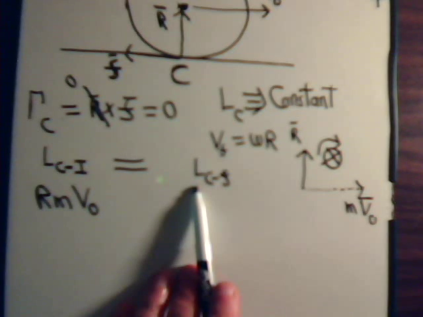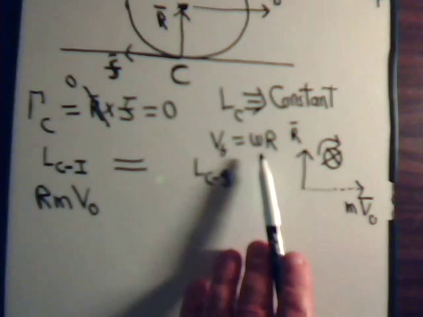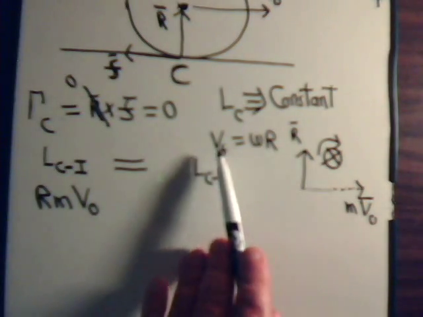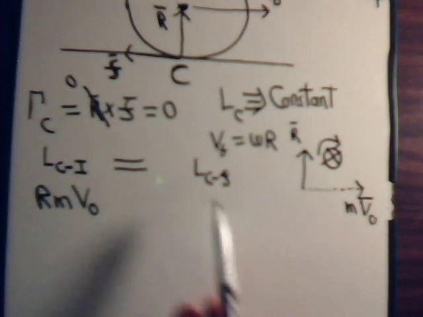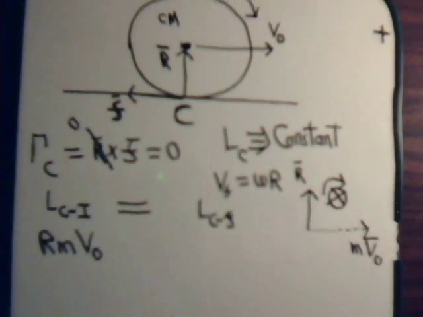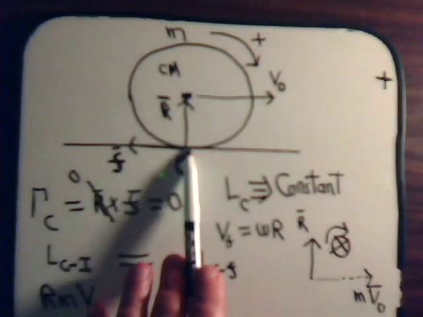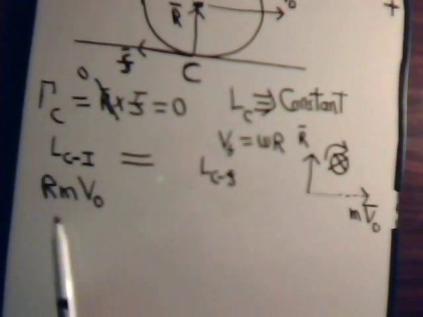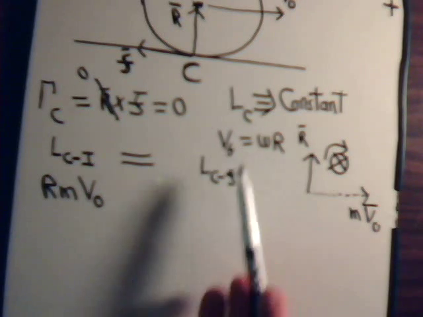Final being that time when the linear velocity equals omega r, the condition for pure roll. What would this be? Well, it has two components. The first component is the angular momentum of the center of mass about point C. That's going to be just this, except we're not going to have V naught, we're going to have V final.